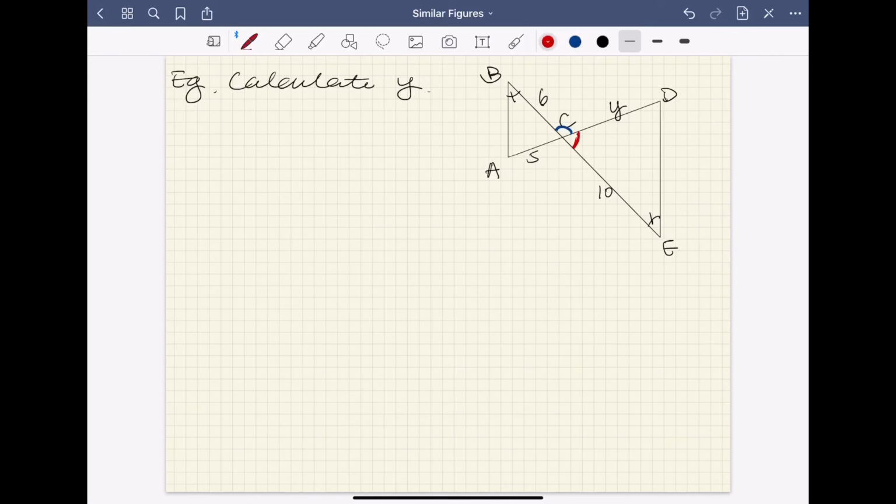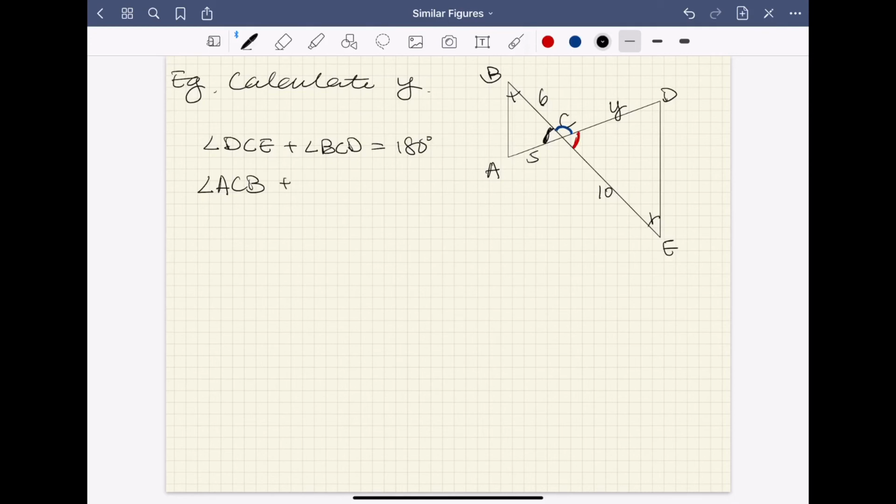The red angle, angle DCE, plus the blue angle, angle BCD, is equal to a straight angle, which is 180 degrees. And this angle here is angle ACB.